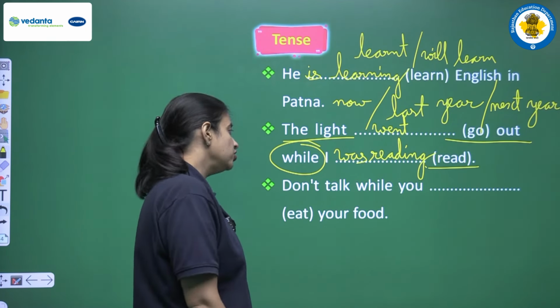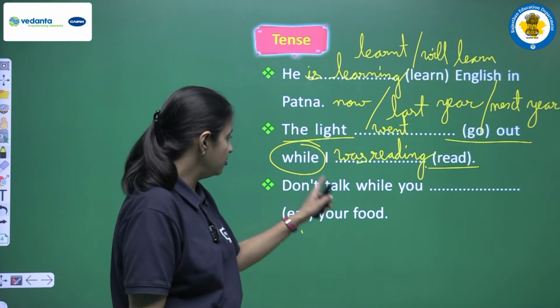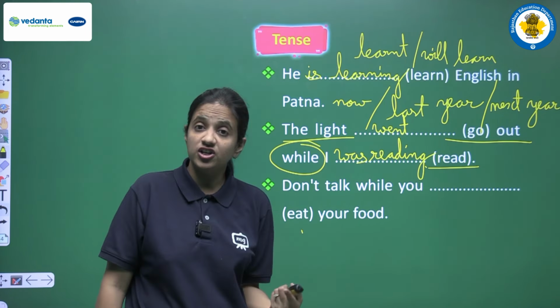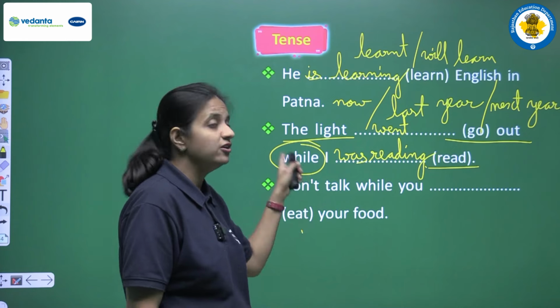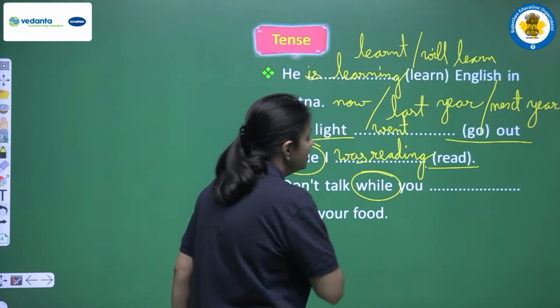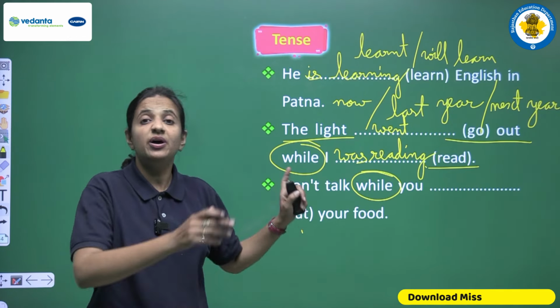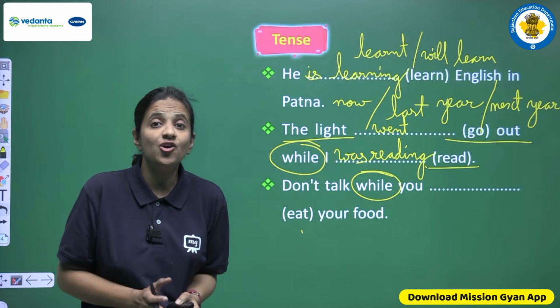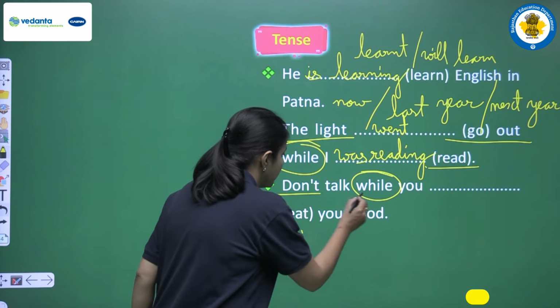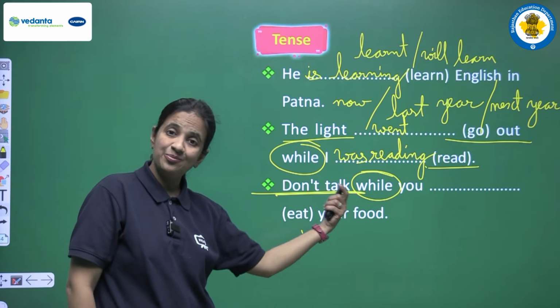Next, don't talk while you eat your food. So here one person is giving the instruction to other, okay, and he is saying don't talk while you. So again we are having while. So we know that after while we have to use continuous form, right? But here we will use present continuous. Why? Because we are having don't talk, we are having present simple tense here.